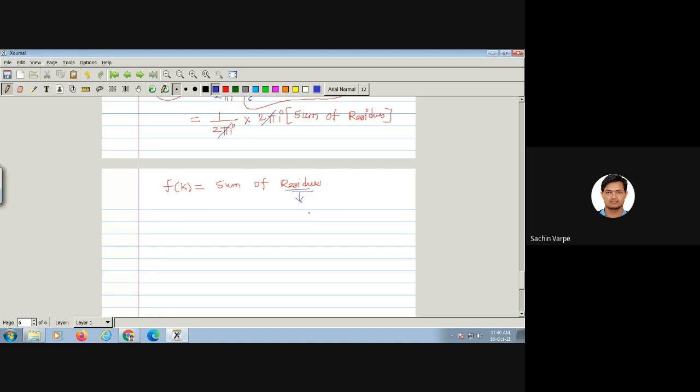And how do we calculate the residues? For that we have two formulas, one for the simple pole and one for the multiple pole. First formula is for simple pole.